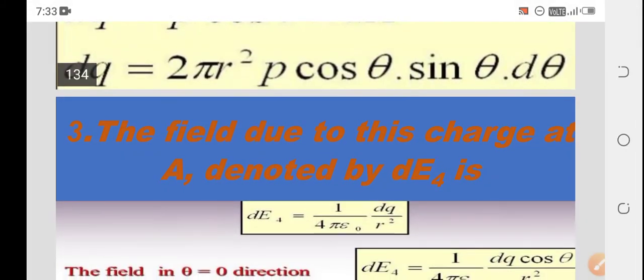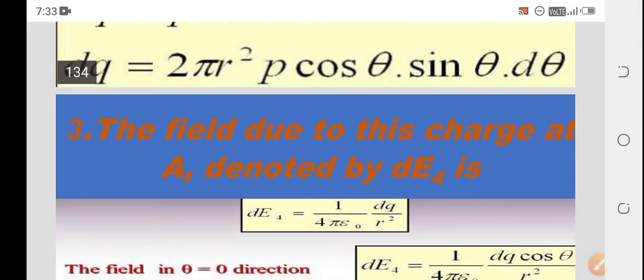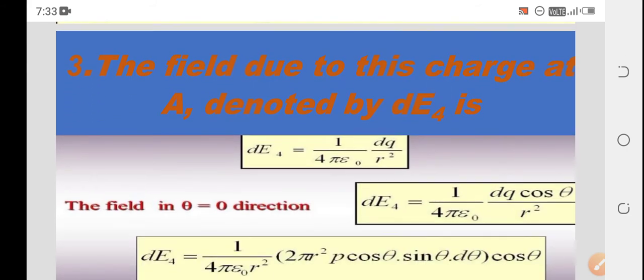The field due to this charge at A, after simplification, is 1 by 4 pi epsilon naught dq by r square. With the angle theta, it is 1 by 4 pi epsilon naught dq cos theta by r square.